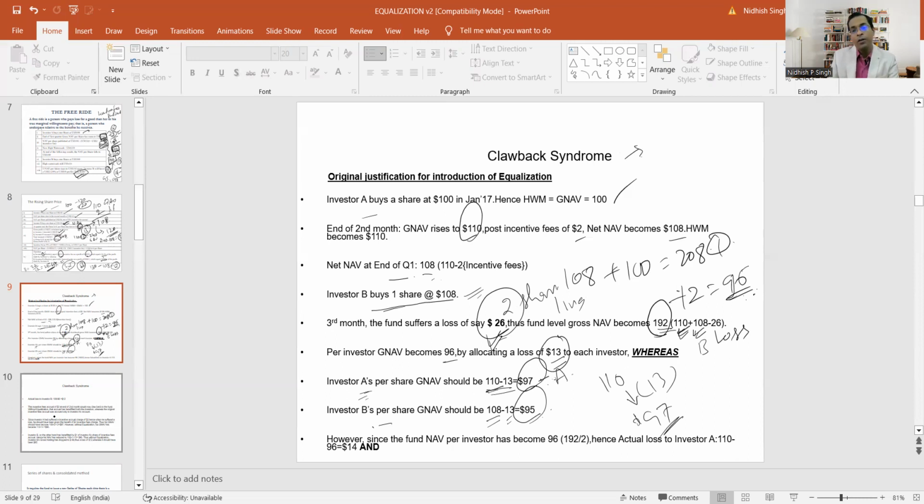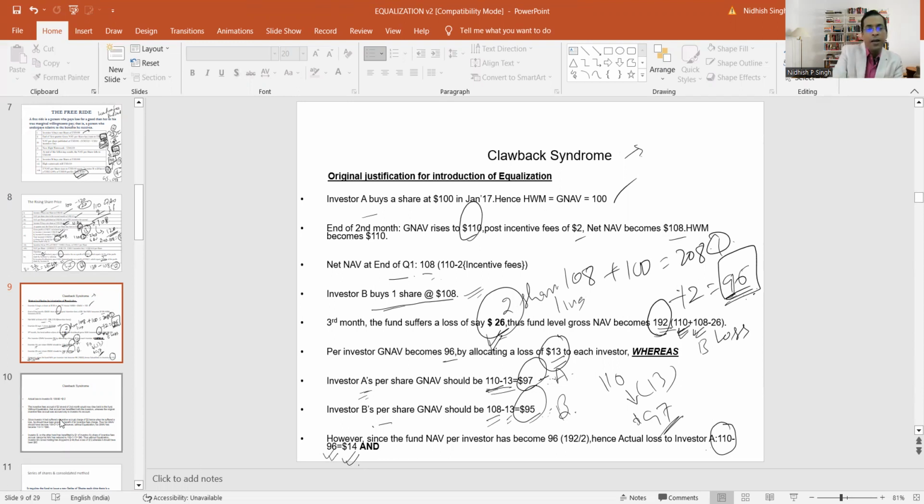But let's look at the total profit and loss, which is incurred at both levels. In this case, we see that investor A has lost really $14, because its initial NAV was 110, and if it goes to 96, as we see the share price here, its original loss is $14, isn't it?